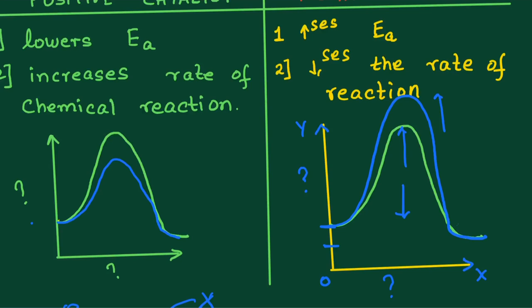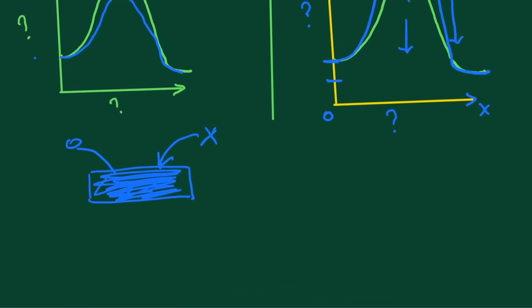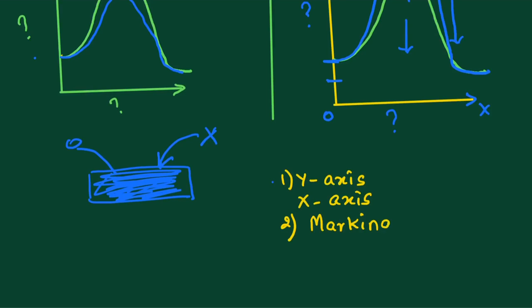And tell me, if you were the examiner, would you give me marks for it? No, right? So whenever you are drawing a graph and whenever you are learning a graph, always remember to note what is being represented on the coordinate axis, the y-axis and the x-axis. What are the markings, what are the coordinates that you have marked on the graph?